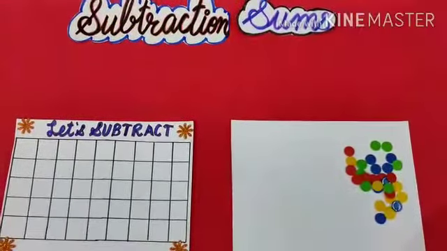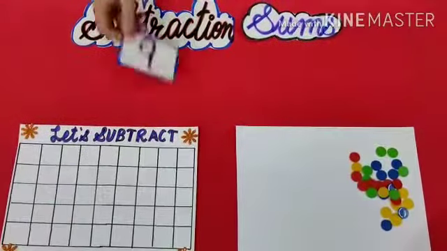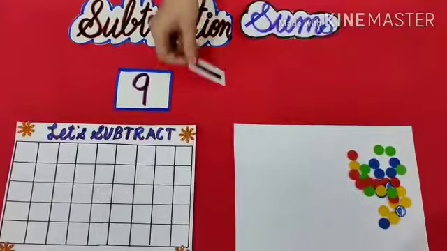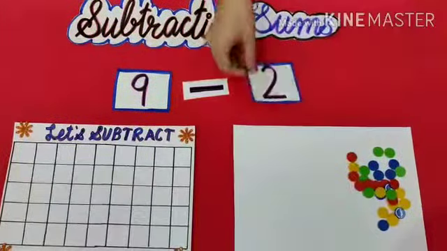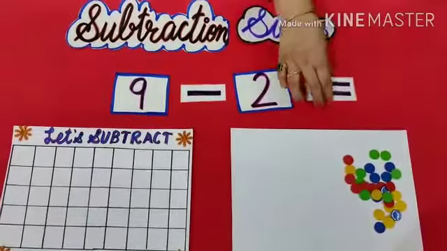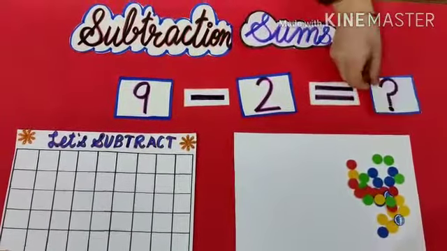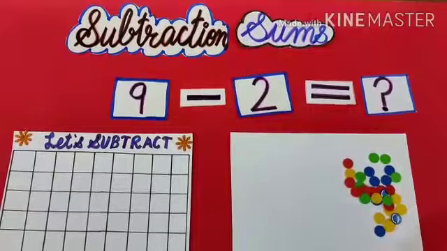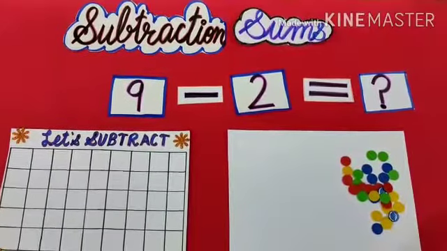Let's do one more example. 9 minus 2 is equal to what? See, how do we find the answer?